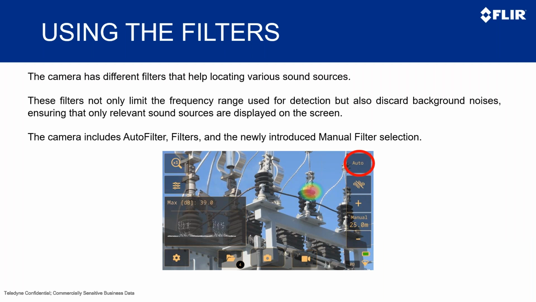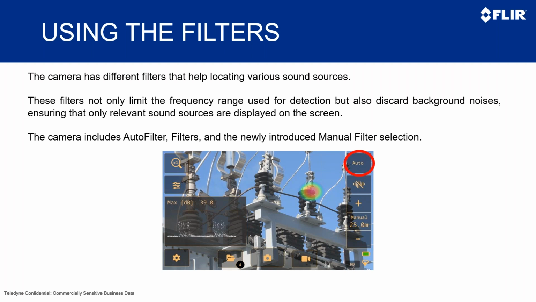So we have different filters for the cameras, which we basically divide into three kinds: normal, high, and ultra.